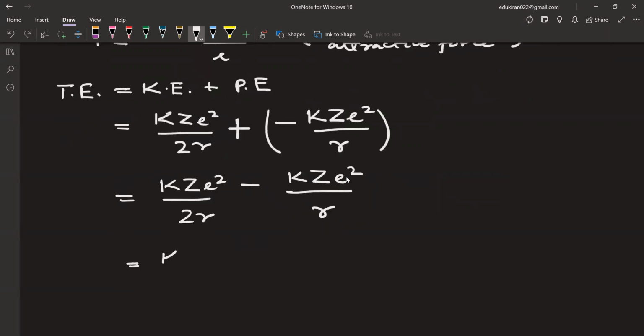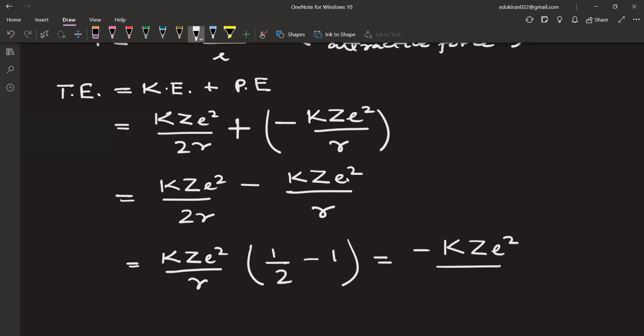I can take kZe square upon r common, and what will you have? 1/2 minus 1. So this will be equal to minus half. So minus half will be minus kZe square upon 2r, right? Half minus 1 will be equal to minus half. It will be minus kZe square upon 2r. This is the total energy.